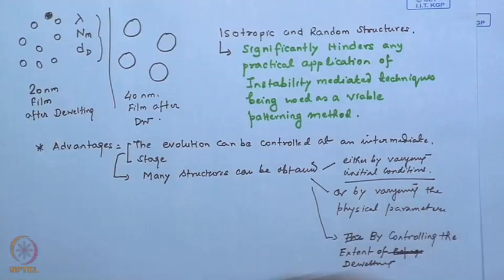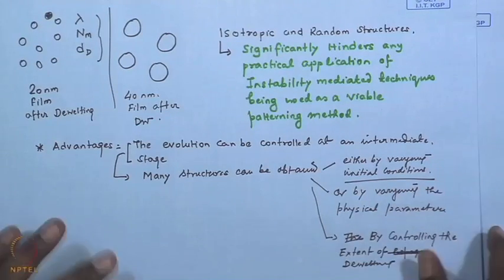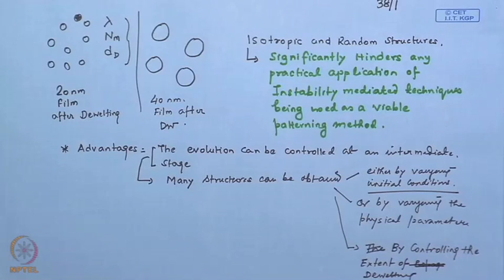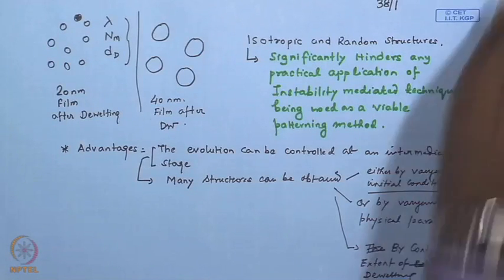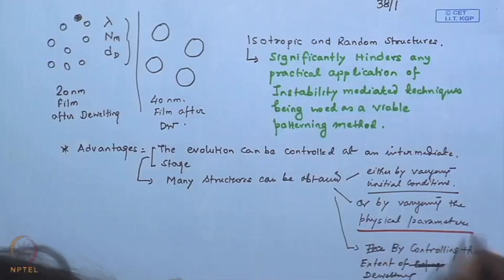So, initial condition, you understand, whether I take a 20 nanometer film or a 40 nanometer film, that is by controlling the initial condition. By varying physical parameters, well, you can tailor the surface tension by submerging the film under another liquid layer or another polymer, or you can even tailor the surface energy of the substrate, because yesterday we talked about the fact that if your holes are growing and the surface is extremely non-wettable, there is a chance that there might be rim instabilities which are occurring.